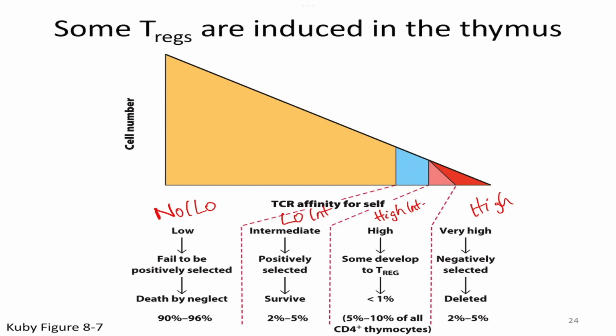They could be useful, but we don't really want them to leave the thymus in a way where they can be dangerous. And so these cells will actually become Tregs in the thymus, and they will be able to regulate other cells that may be autoreactive. So we take advantage of these cells' higher level of self-reactivity to help us combat everybody else's self-reactivity.